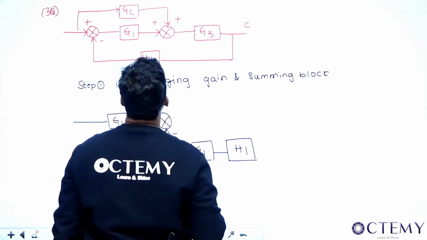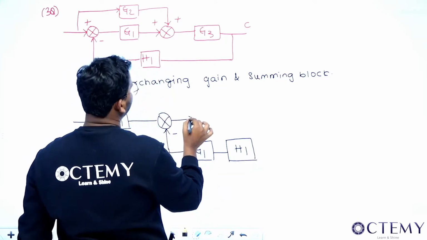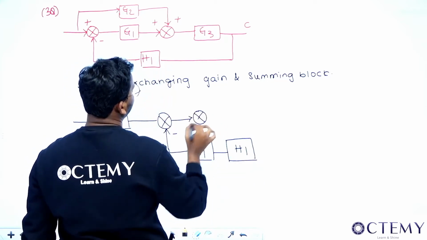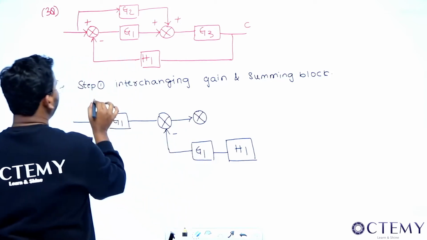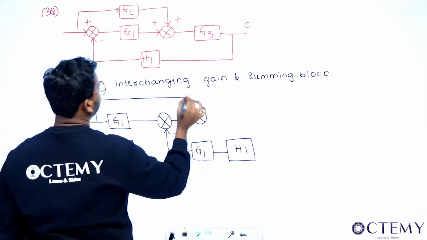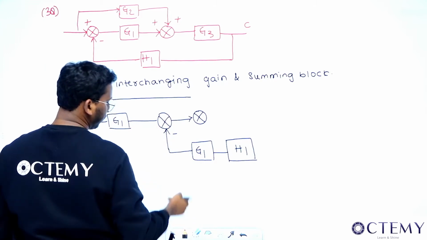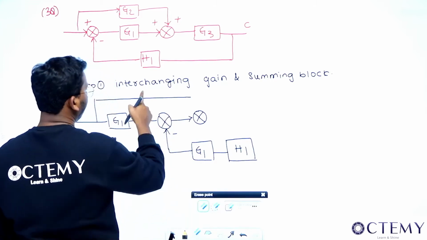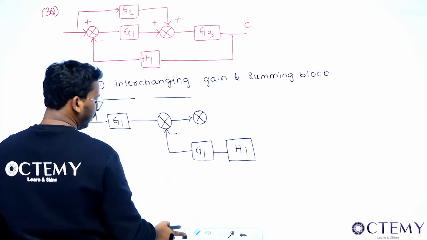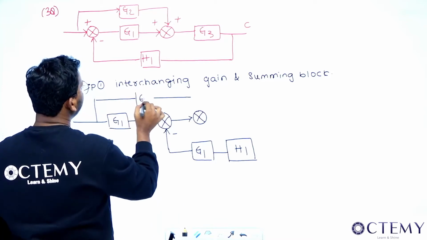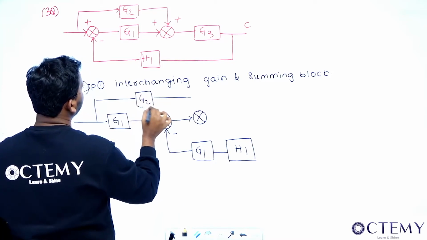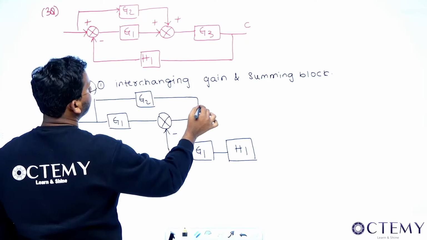And the remaining part will be like this. This is their summing point, and from here you have the summing point like this. You have G2 here also. So this is G2, this summing point is coming here now.